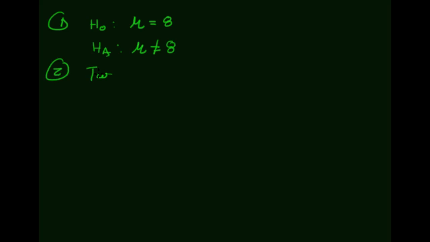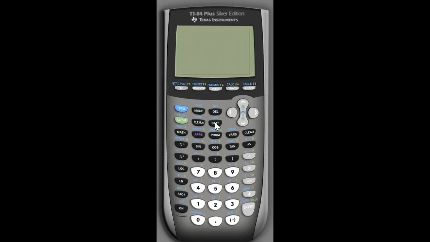Again, all of these are two-tailed tests. Now we go to the calculator to look at how the data lines up with the claim. We go to stat tests, looking at the t-interval.